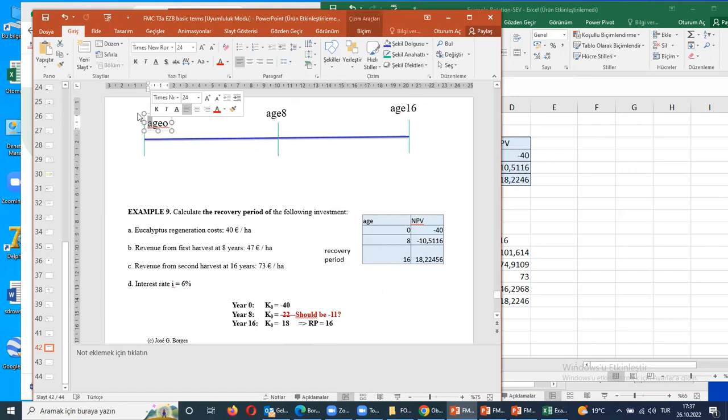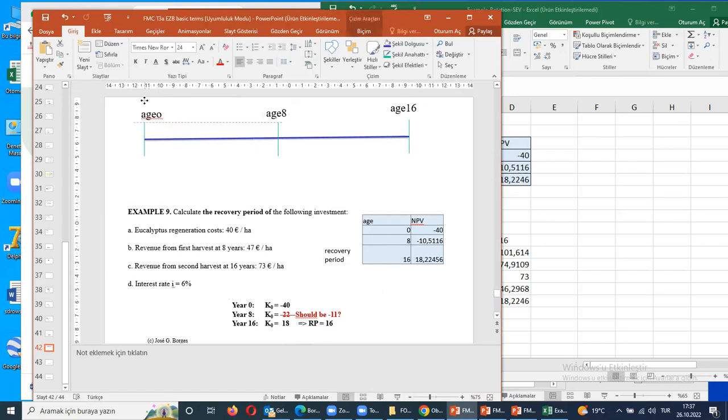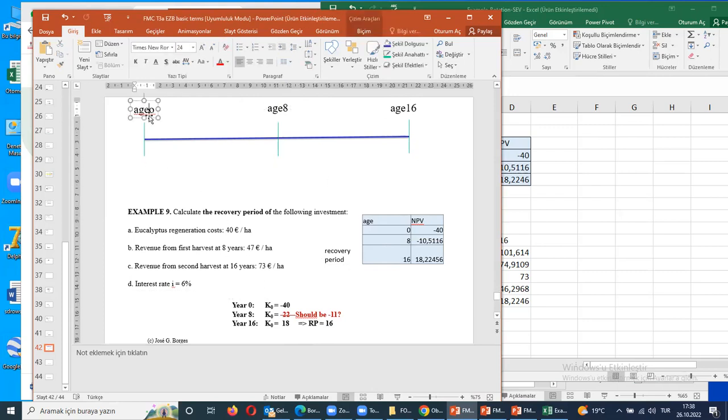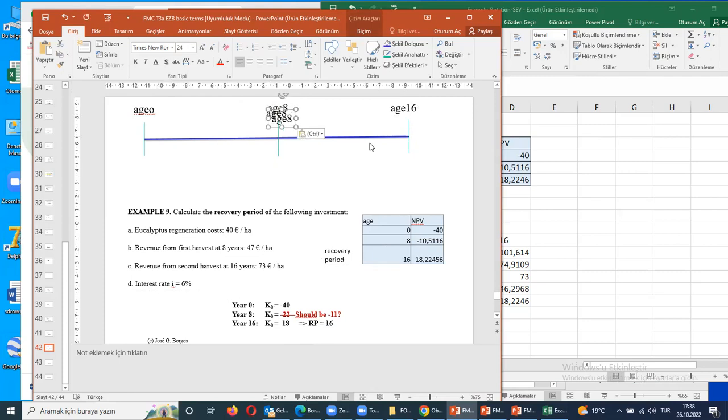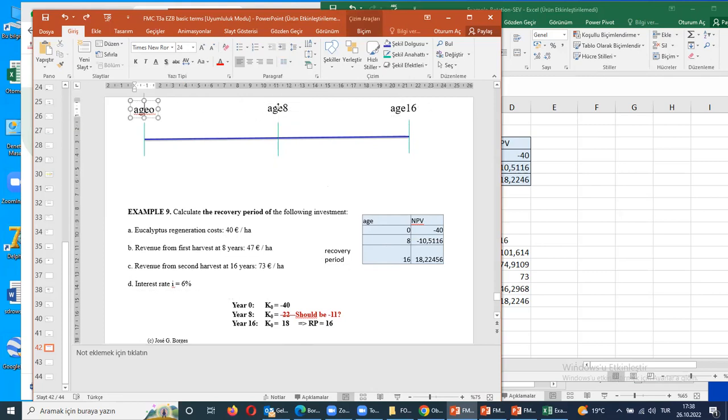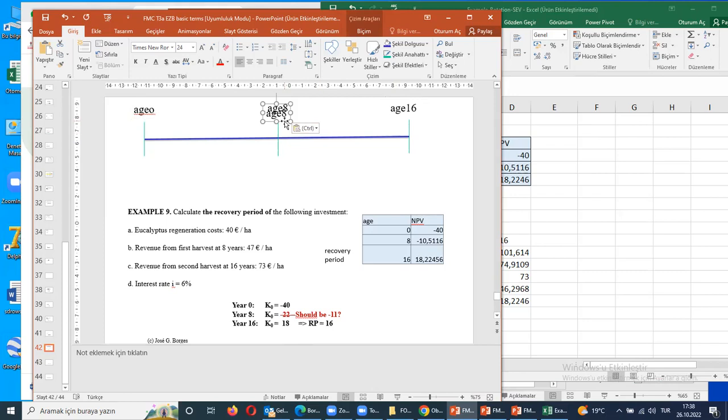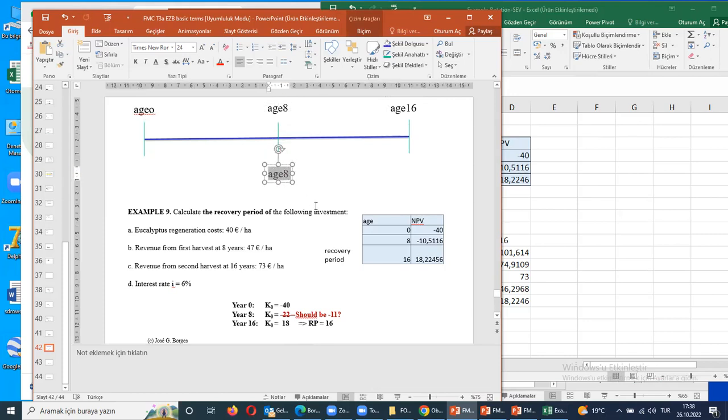So somebody is asking why we are just first calculating the future value and then the present value. We know that at the age of 8, we have got the first harvest that provides us 47 euro per hectare.